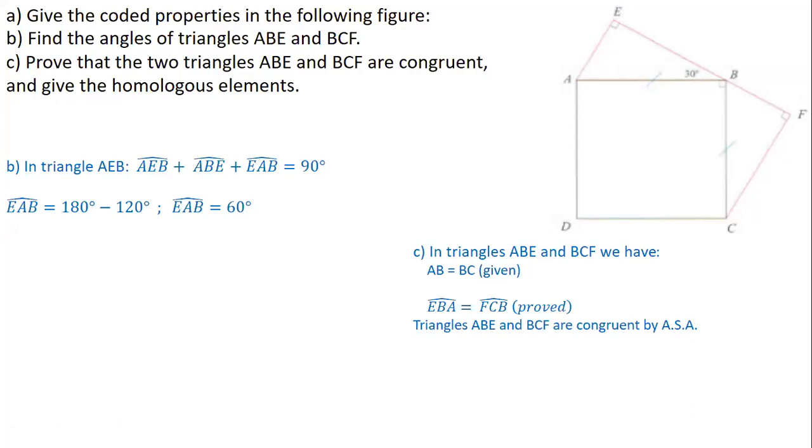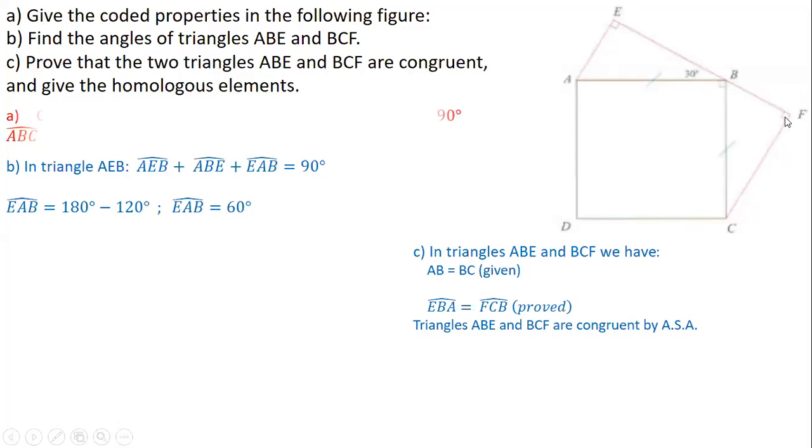I only say the things that are marked. Here I see a right angle, so I say angle AEB equals 90 degrees, angle EBA is 30 degrees, side AB is equal to side BC, angle ABC is 90, BFC is 90.